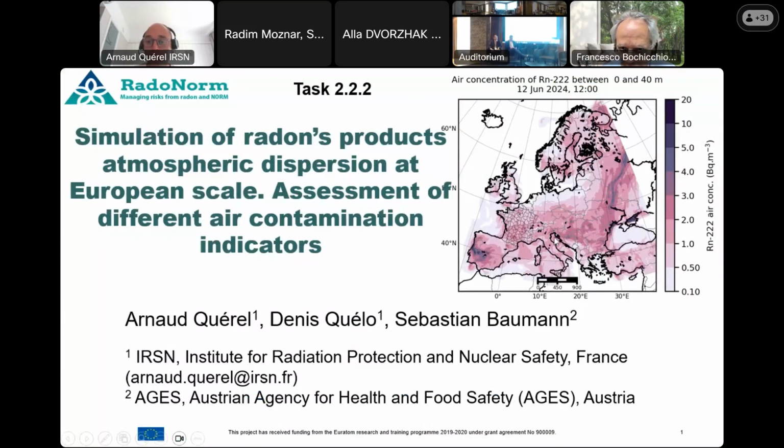For example, today in Slovenia, the radon air concentration is supposed to be between 1 and 3 becquerel per cubic meter. So this is the kind of product I will show you today, and how we obtained this map and how it was validated. This is the purpose of this presentation.